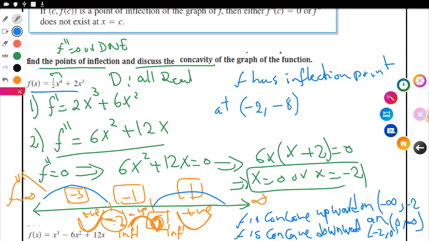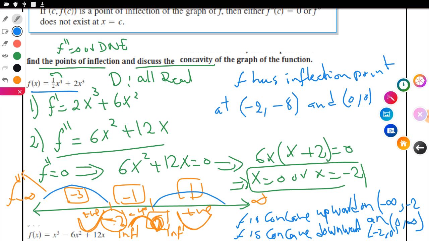And what else? The other one, 0. Replaced by 0 in the function, it will be 0 and 0. So the function has inflection points at negative 2, negative 8, and 0, 0.